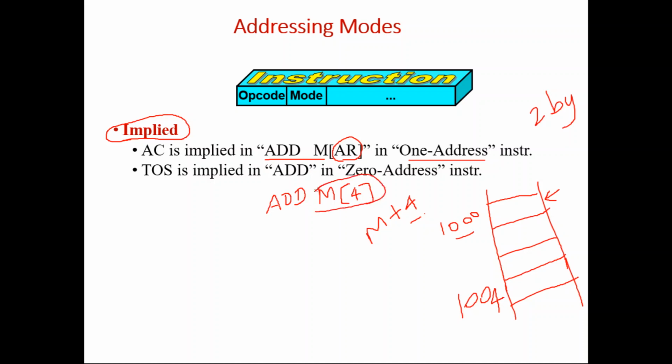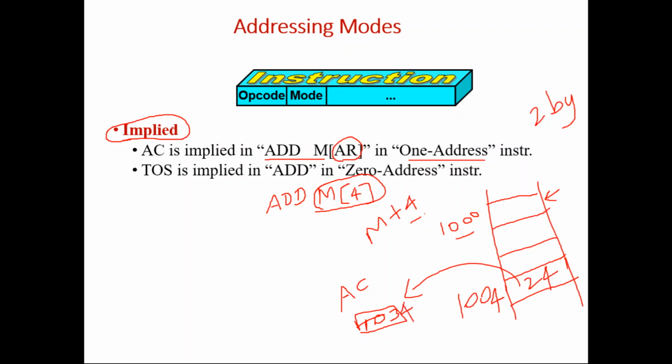This is a one address instruction, so say the value at this location is 24, then this will be added with the content of accumulator. Let us assume accumulator contains 10, then this 24 will be added with 10, and the result will be stored in accumulator, and now accumulator will be updated to the new value of 34, right?